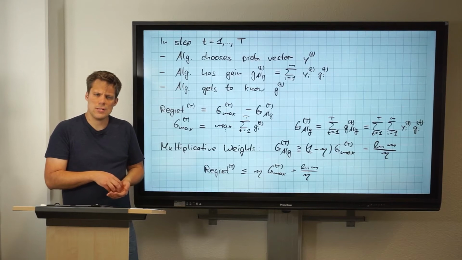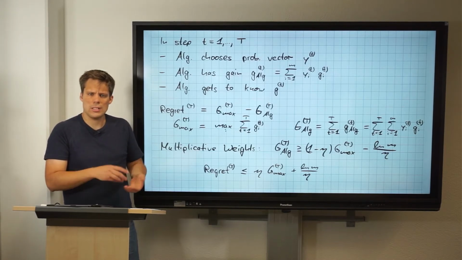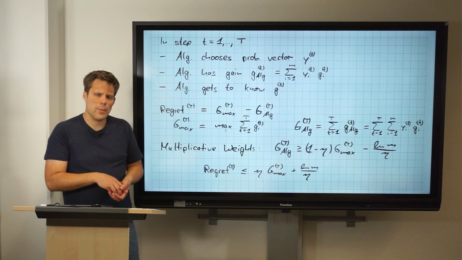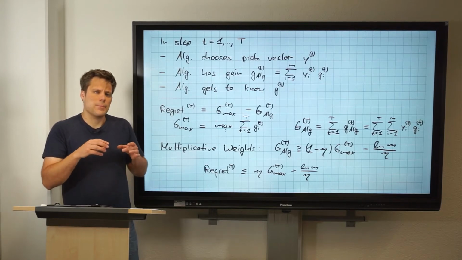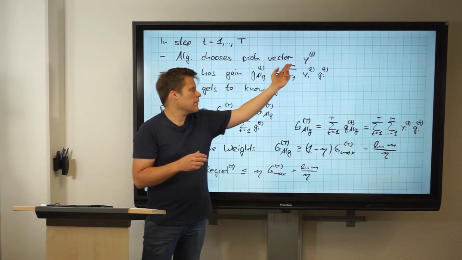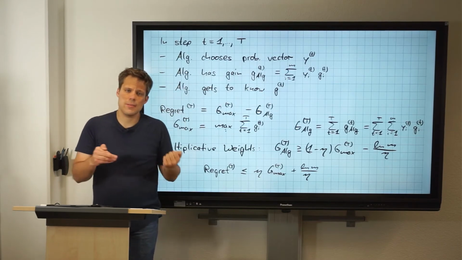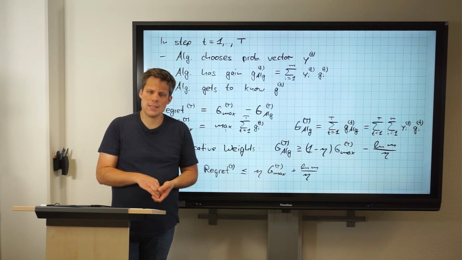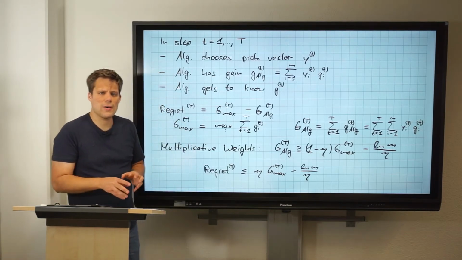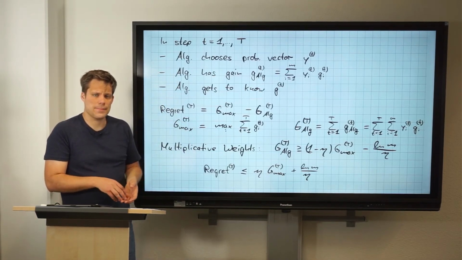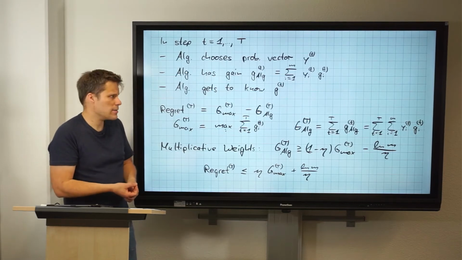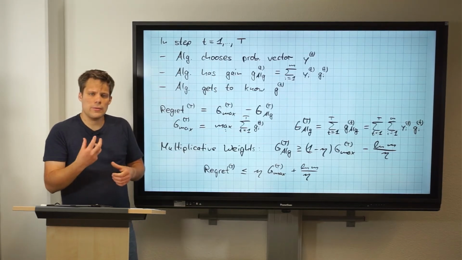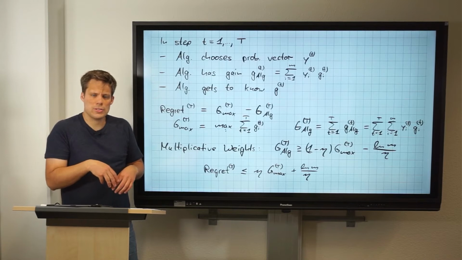And how does this relate to the flow problem? This probability vector that the experts algorithm is choosing, we will interpret as a choice of edge lengths. And based on these edge lengths, our flow algorithm will try to augment the flow.